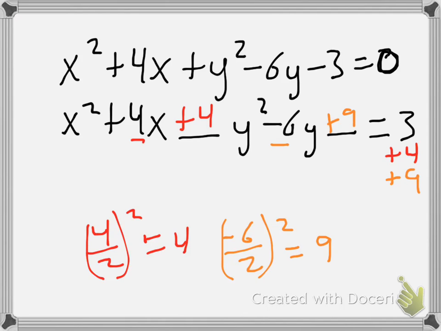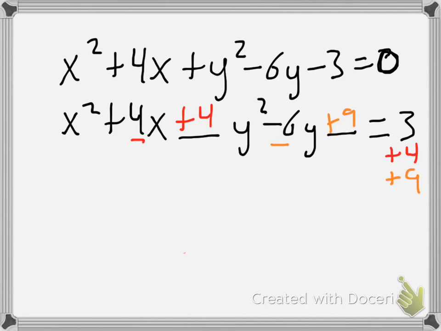Alright, I'm going to get rid of this stuff at the bottom. Okay, so then what you do is, let me change colors again. This side, the left side, is now going to be a nice circle equation.